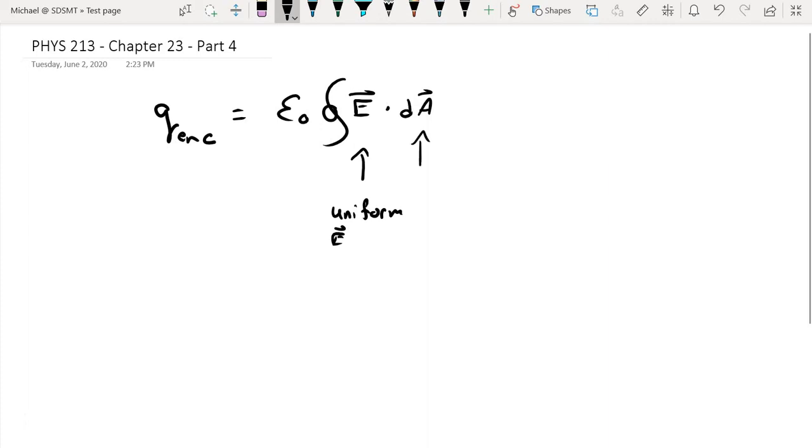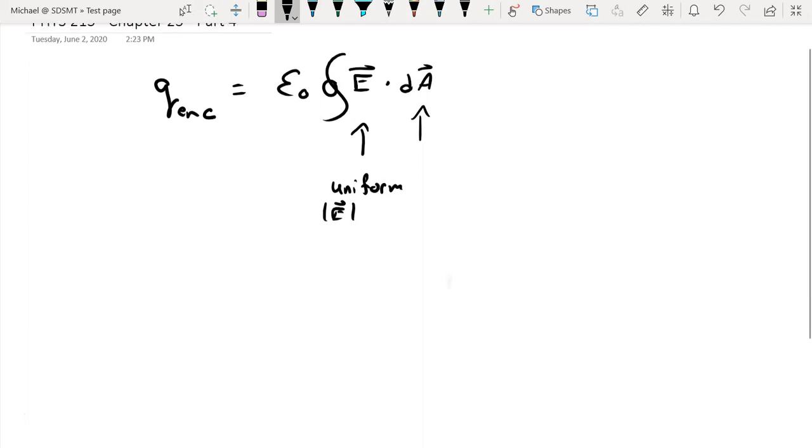So in other words, whatever container we used to enclose our charge, we chose that container specifically so that it had the same magnitude of field at all points on the surface.